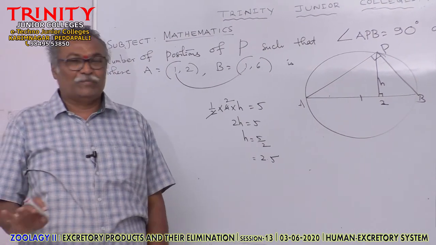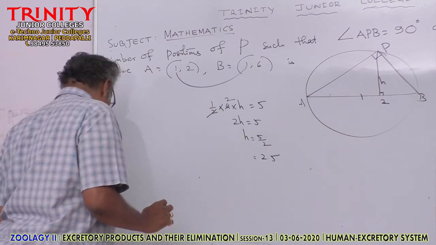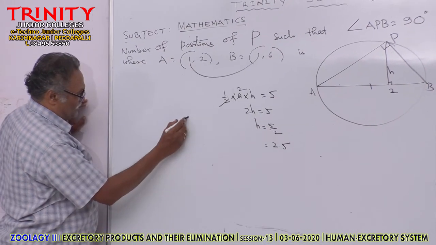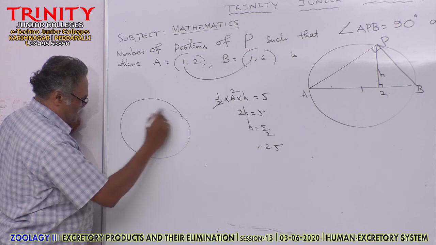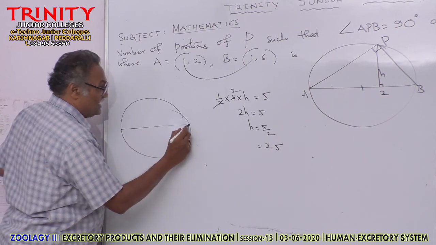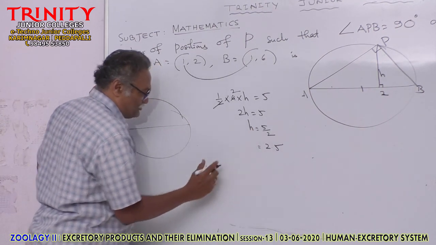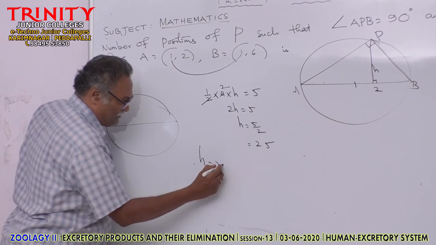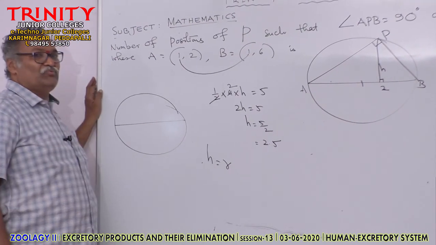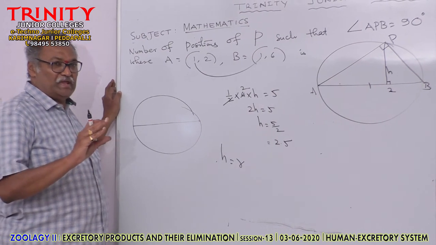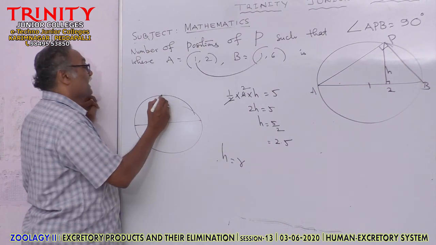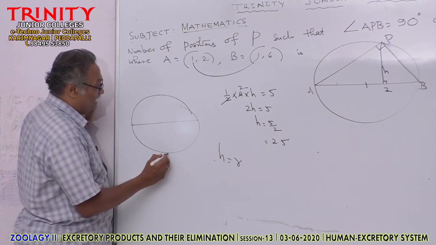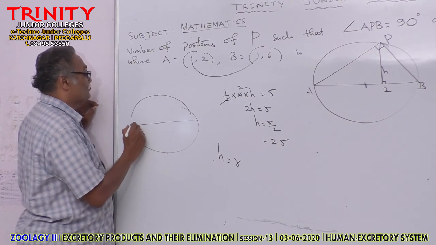Here is the concept. See here. If the height of the triangle equals the radius of the circle, the number of positions for P is either here or here, 2 cases like this.